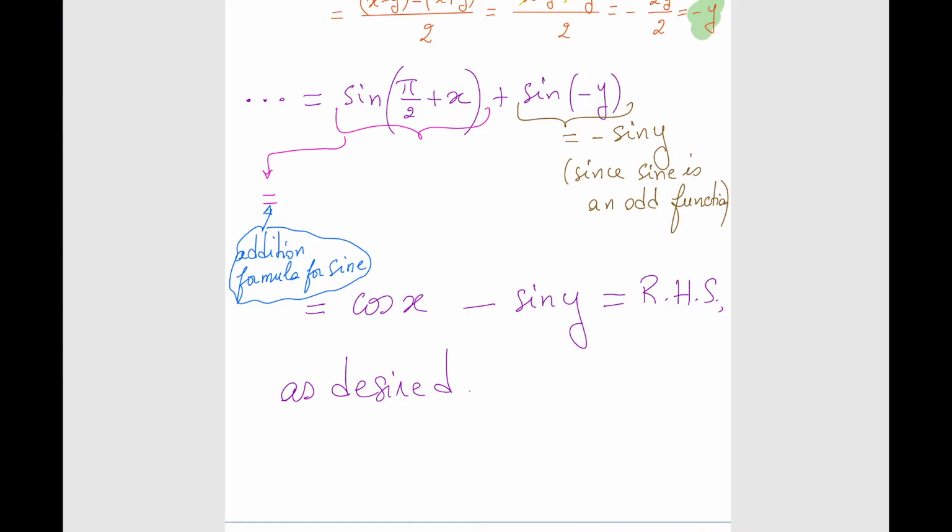Again, you can either use what I'm using, or you can use the cofunction formula. It's up to you. I want to use this just for you to be able to play around with these formulas, these identities that we have.